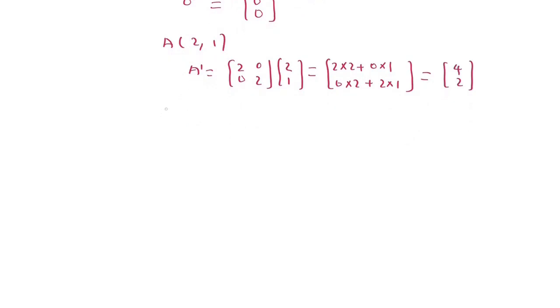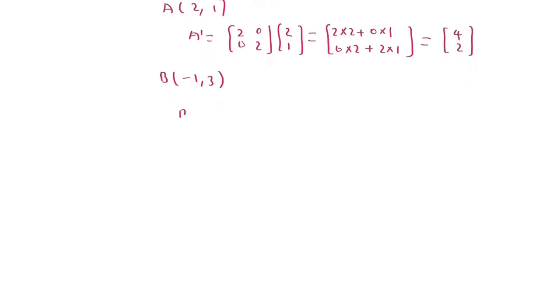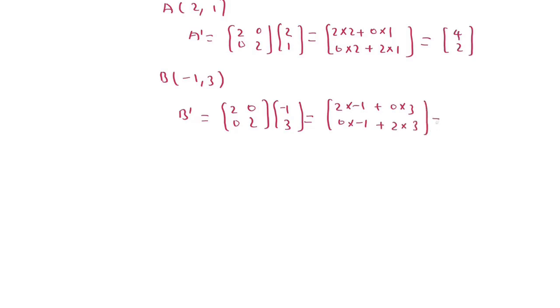Our next point is point B with -1, 3. Then B image equals to matrix 2, 0, 0, 2 times matrix -1, 3. Multiplying this, we are having matrix 2 times -1 plus 0 times 3, 0 times -1 plus 2 times 3, of which after solving the values we are having matrix -2, 6.